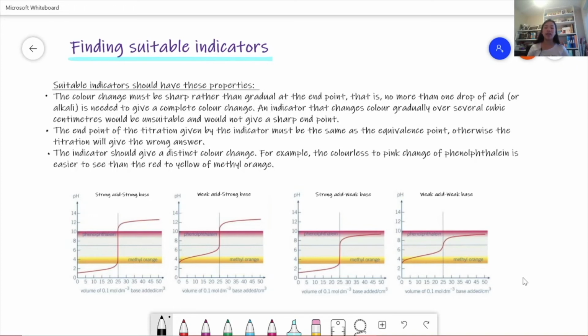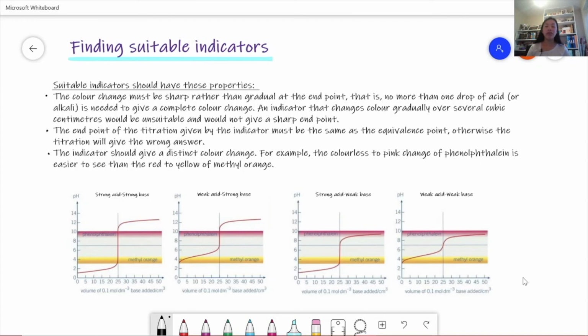So now looking back at the 4 curves that we have, starting with the first one where we have a strong acid and a strong base, you can see that both of these indicators are suitable because they both change colour where the sharp increase in pH is, so where the equivalence point is at 25 centimetres cubed.